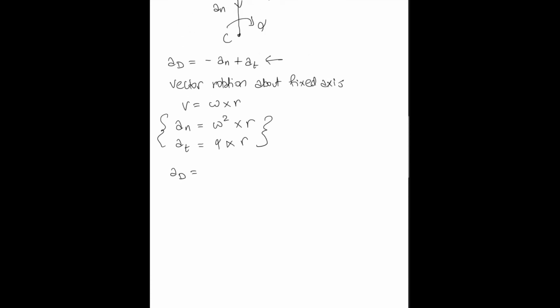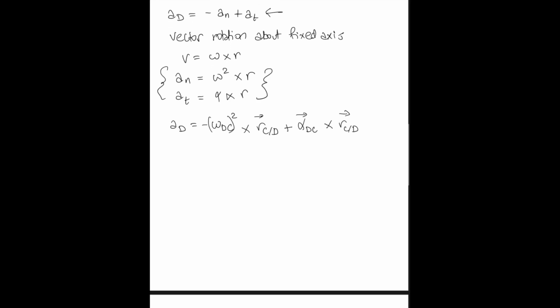So AD is equal to minus AN, which is minus omega DC squared cross product RCD, plus alpha DC cross product RCD, and we plug in our known values.